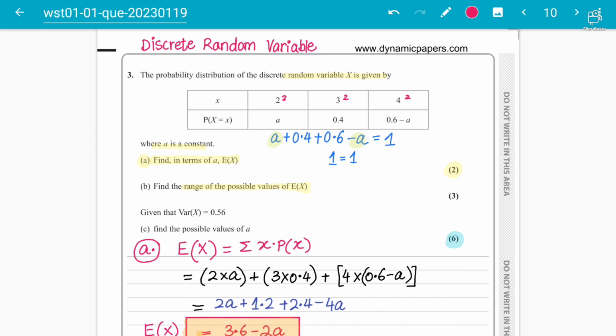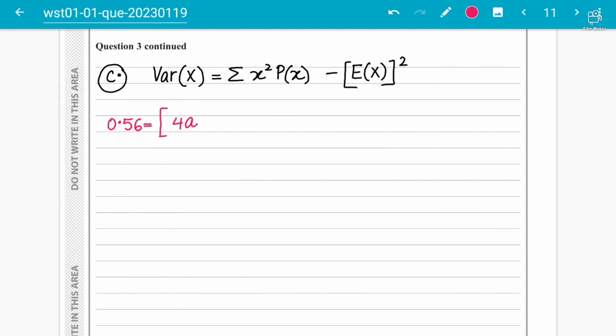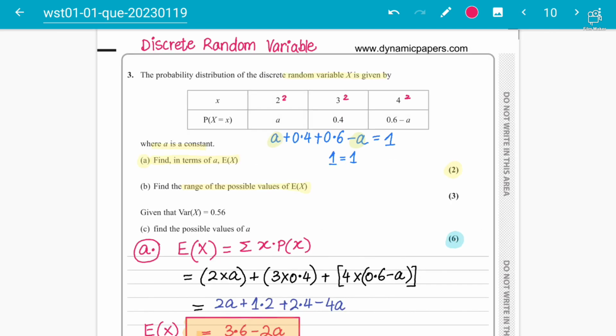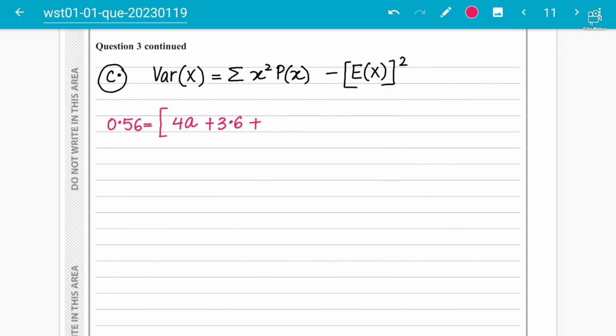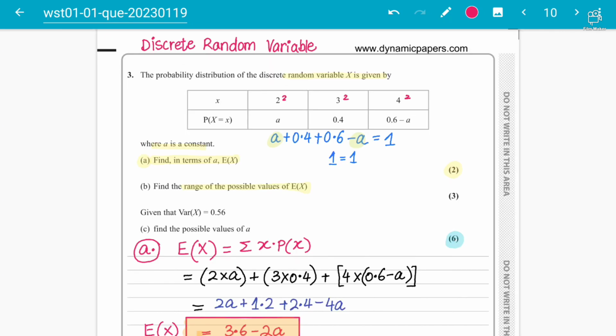So 3 square will be 9, and 9 times 0.4 will be 3.6, okay? So 4a plus 3.6. Hope students are getting it. What I'm doing here is just multiplying: 2 square, that is 4 times a, 3 square, 9 times 0.4, and then you have 4 square. Let's write down the whole of this. 4 square is 16 times 0.6 minus a.